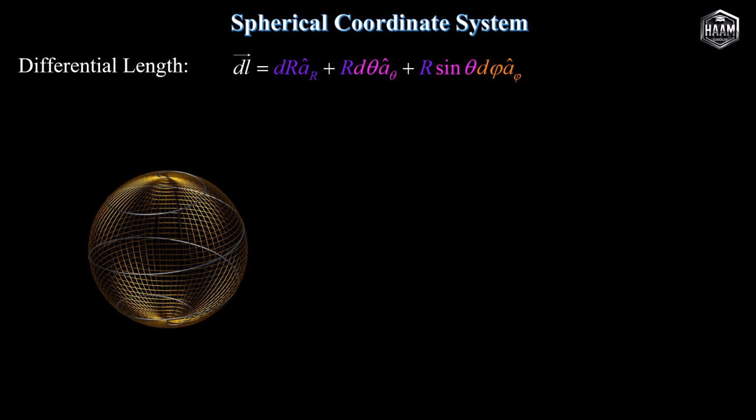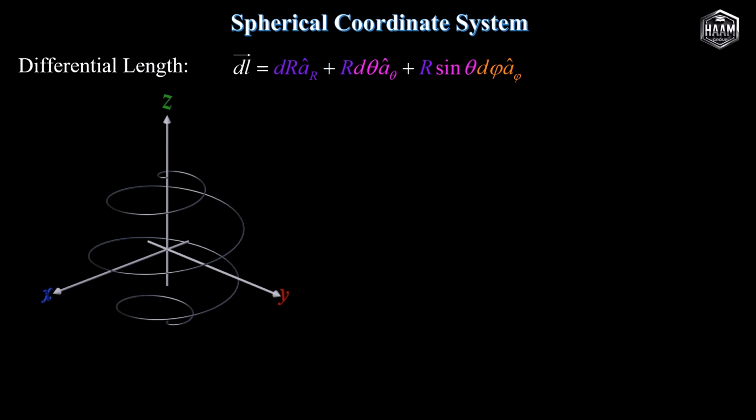Now, let's place this sphere in the coordinate system so that its center coincides with the origin and then remove the sphere itself, leaving only the wire.